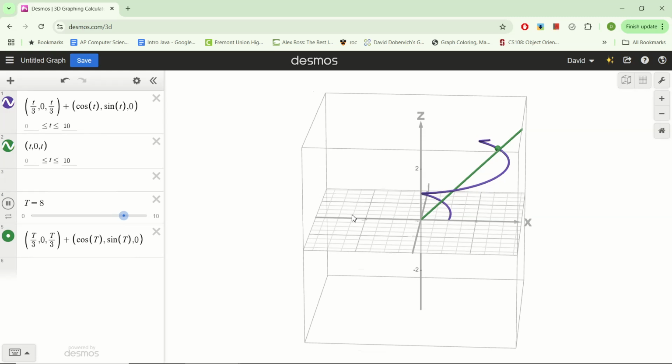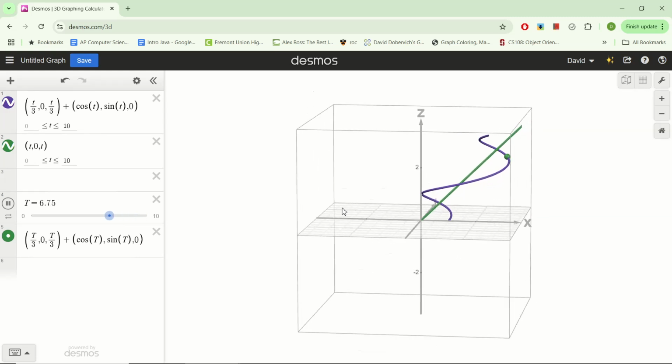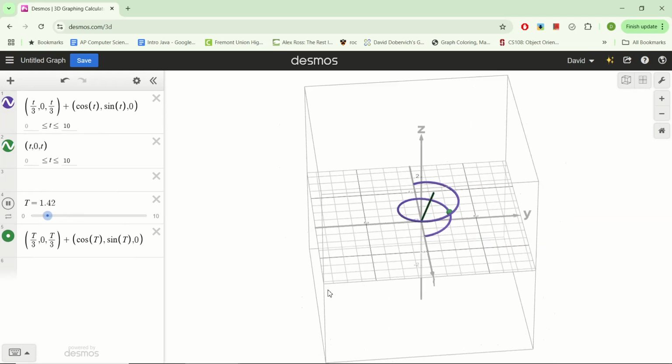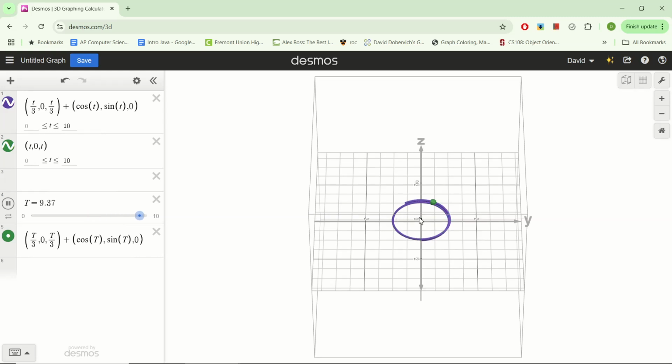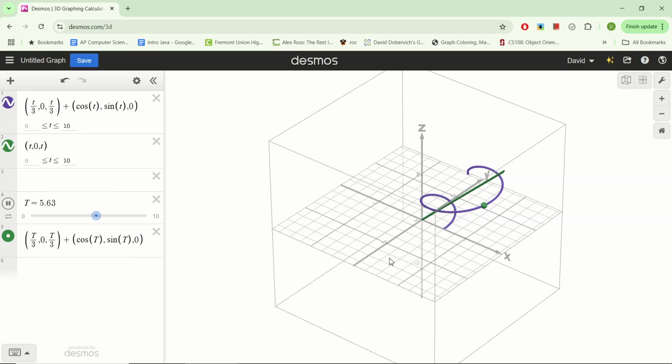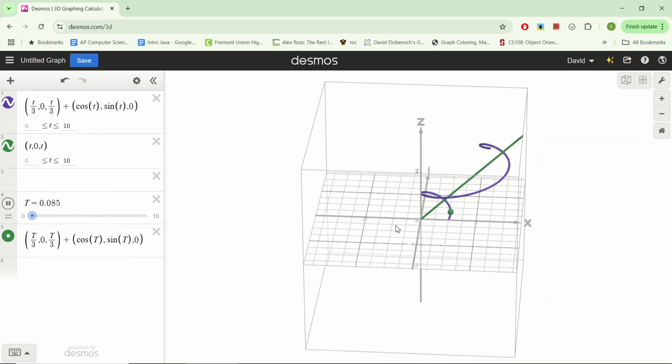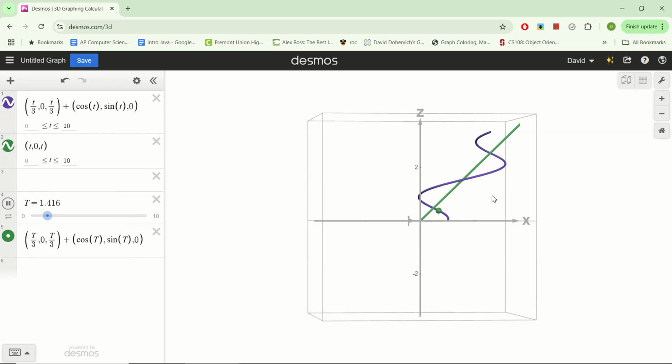So now we can visualize the path that it's taking, which is really, really cool. It's not quite a circle around this diagonal line, because the rotations are still happening in the xy plane. It's just that as the xy plane is rotating, there's a constant increase in the z.